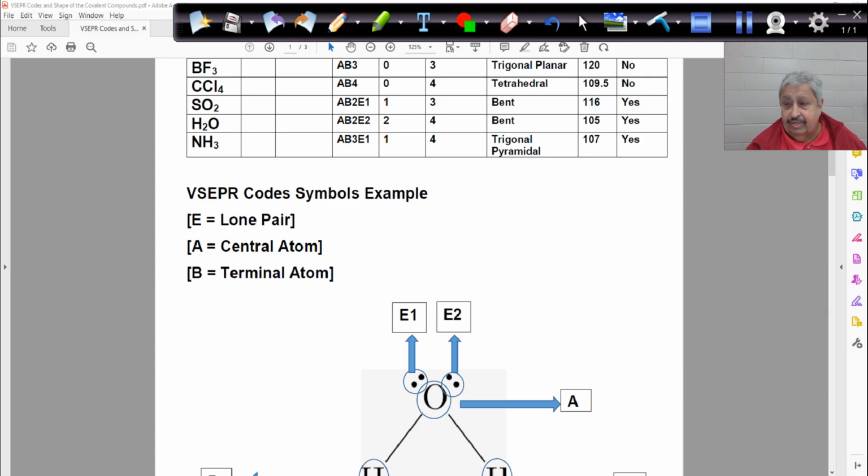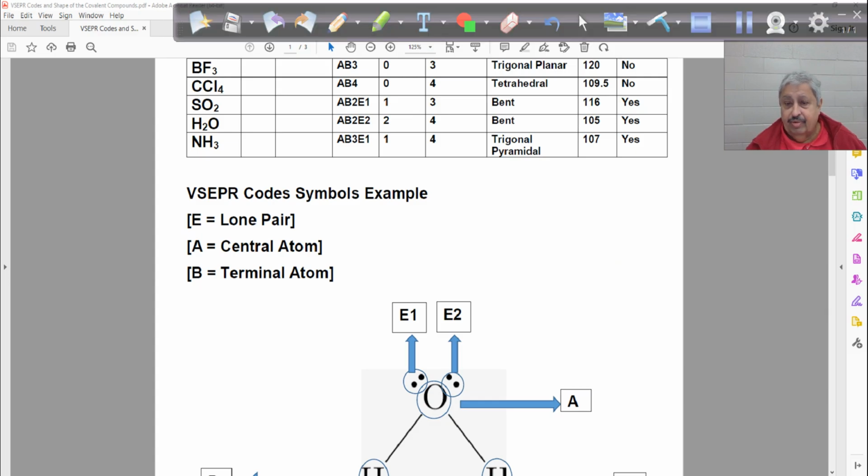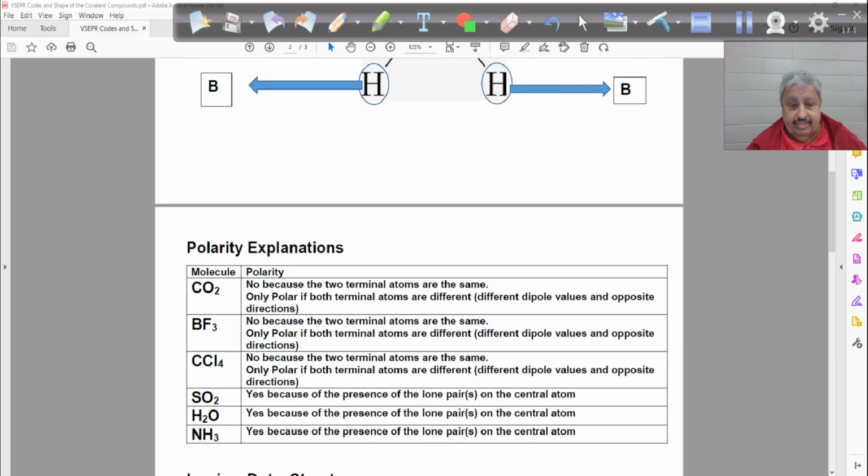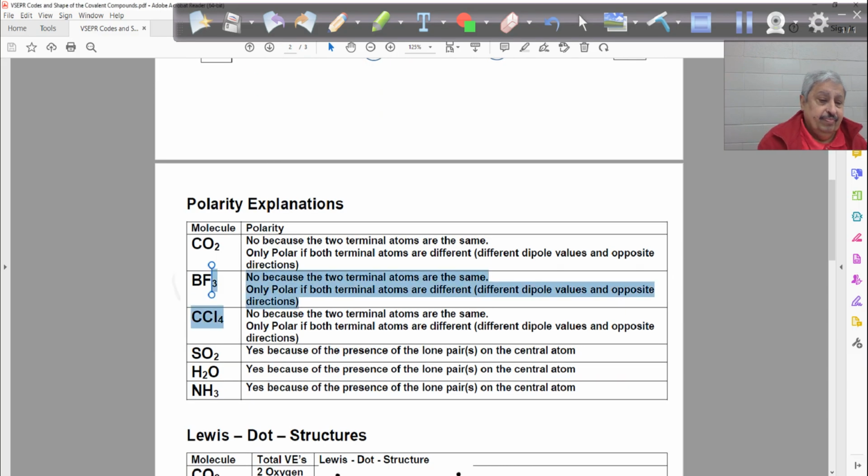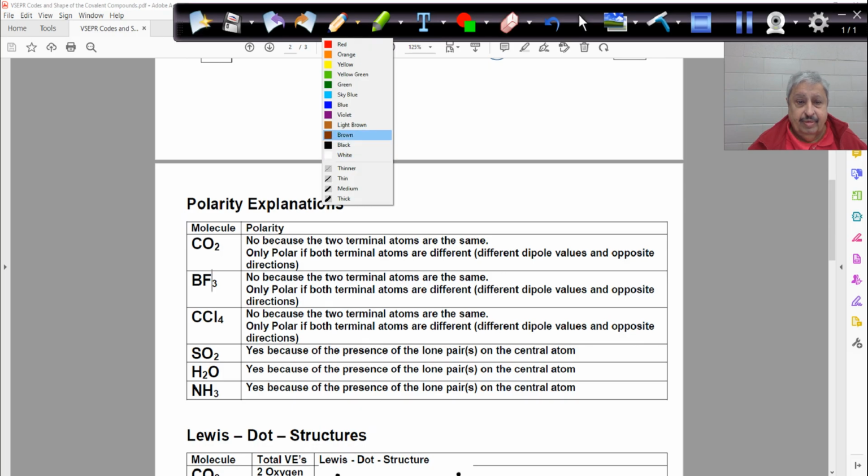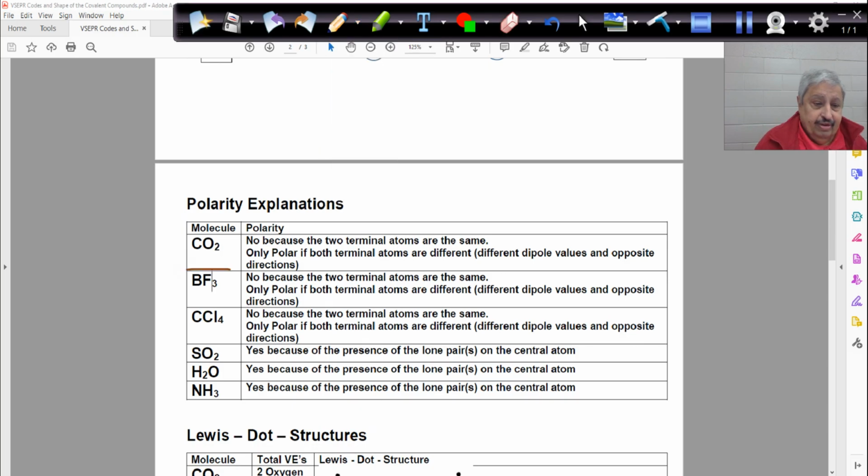The second one here, we have the example: BF3. Okay, guys, we have to know the Lewis dot structure of it. Can we do that? Yes, we can. Boron is where? 13 minus 10 is 3A, correct?